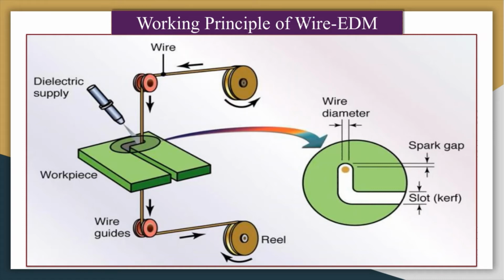Initially, a through hole has to be made so that the wire can pass through the workpiece, and when it passes through, you can start the cutting. This initial hole is not required in the normal die sinking EDM process, but it is required in the wire EDM process.